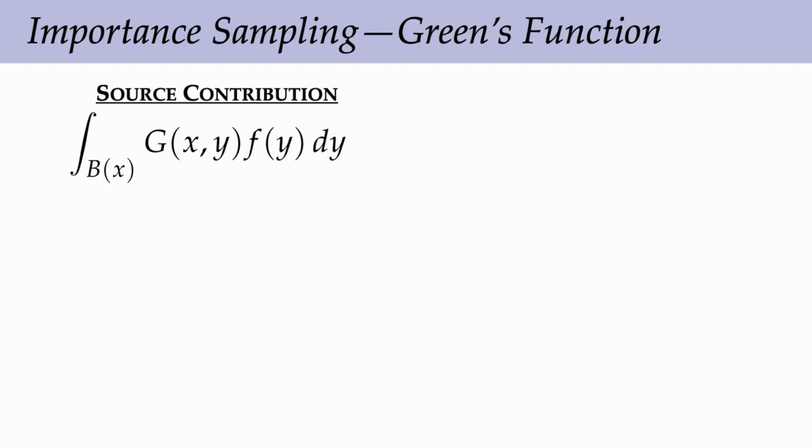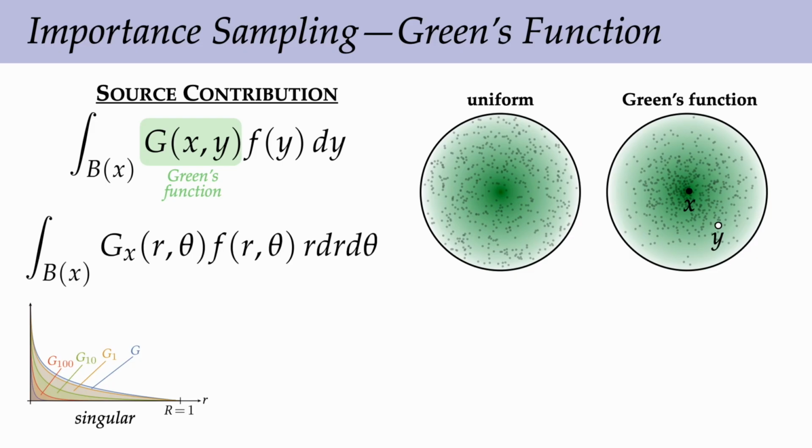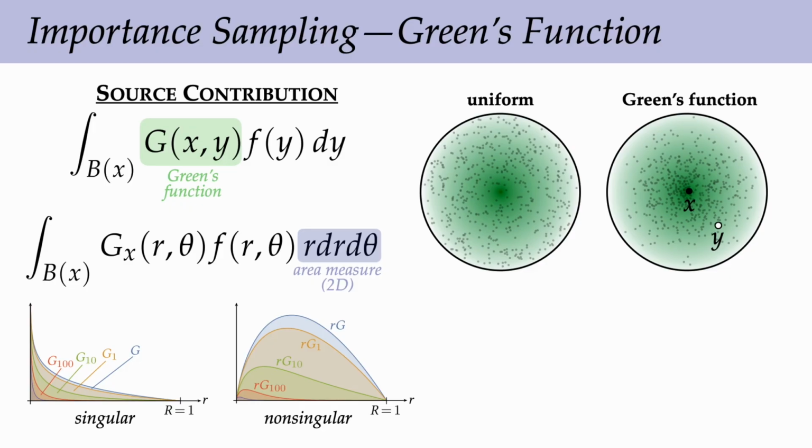Well, if we consider the source contribution, one thing we might do is use the Green's function g to do importance sampling, since this distribution is often known in closed form. So here we have to be a little bit careful since g is singular, but if we do our importance sampling in polar coordinates, then the singularity essentially goes away because we now have g times the area measure.